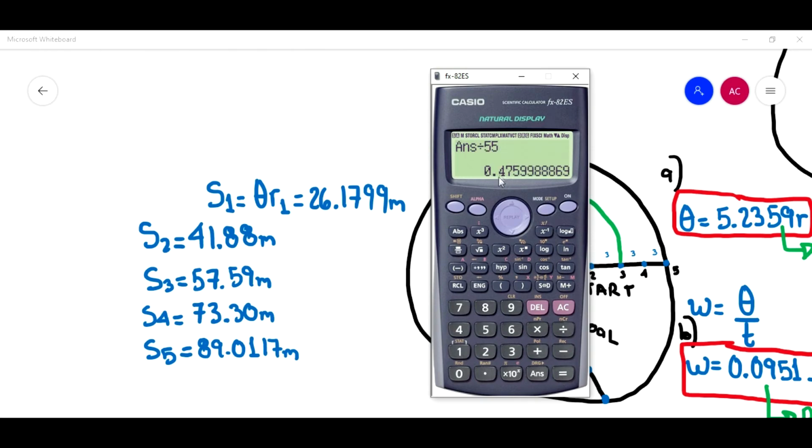That is the velocity in meters per second. This is the tangential velocity in meters per second.